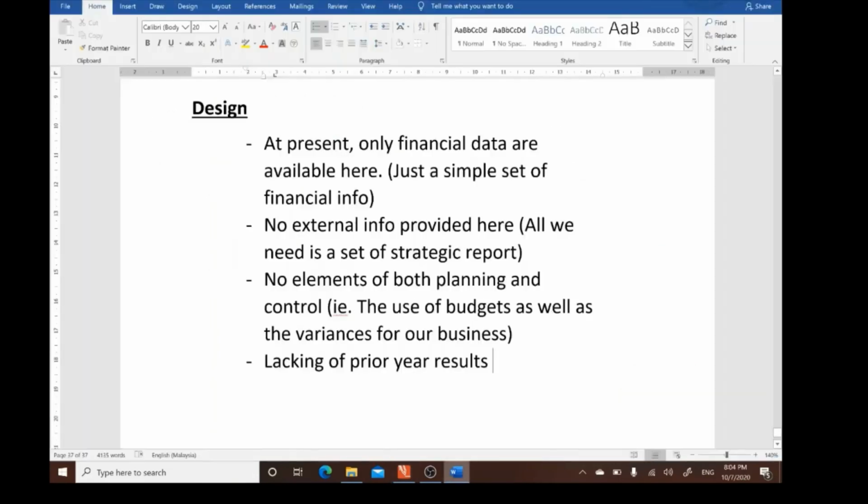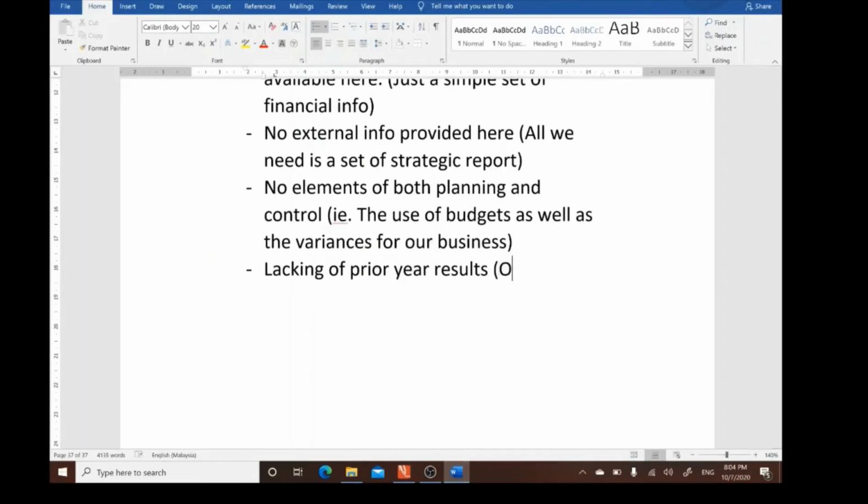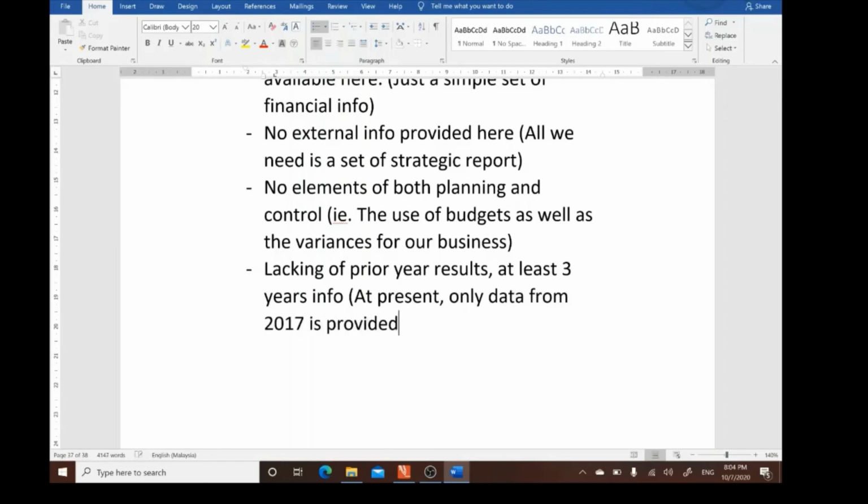Therefore, at least 3 years of past information should be obtained, and at present only data from 2017 is provided. Can you see that? So that is the point so far when it comes to the lacking of prior year results.